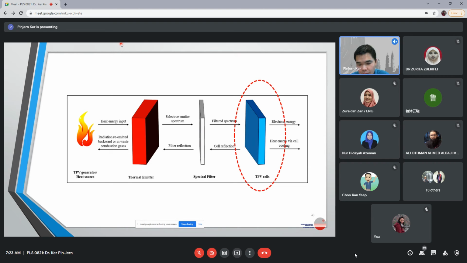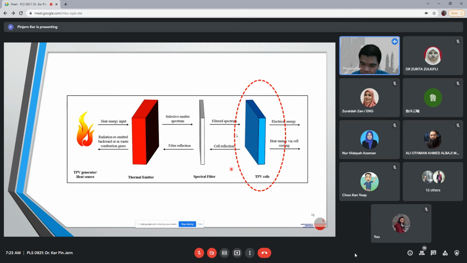But in our work, we are mainly focusing on the cell, even though a full TPV system should consist of the source, the emitter, and then from the emitter to some filters. But in our work, we are looking at the cell. The reason is that if you can increase the cell efficiency, if you know how to design them to efficiently capture all the radiation photons, then the others can come in later.